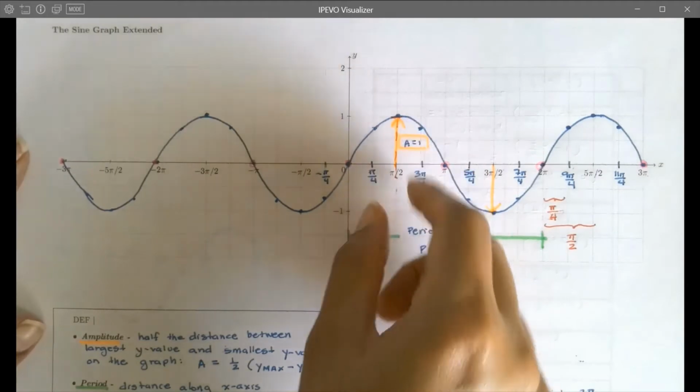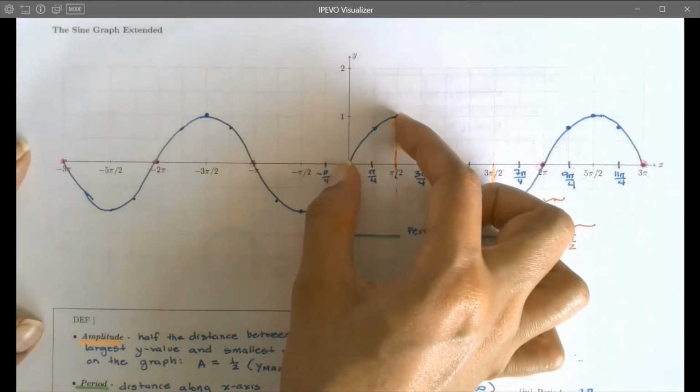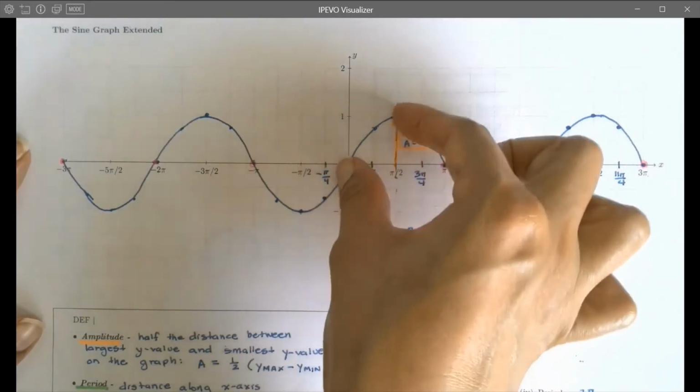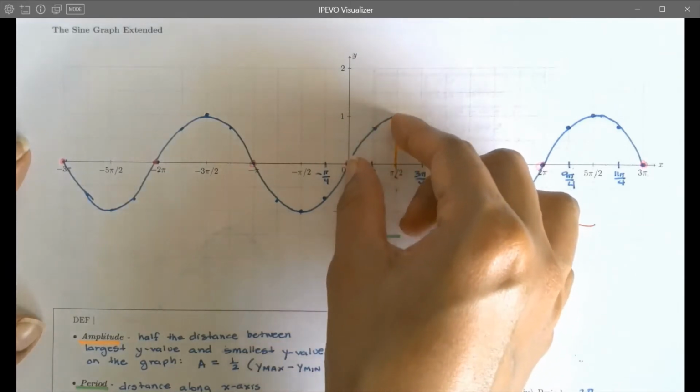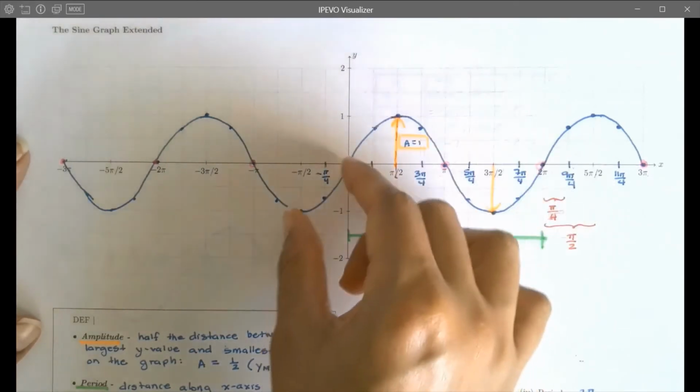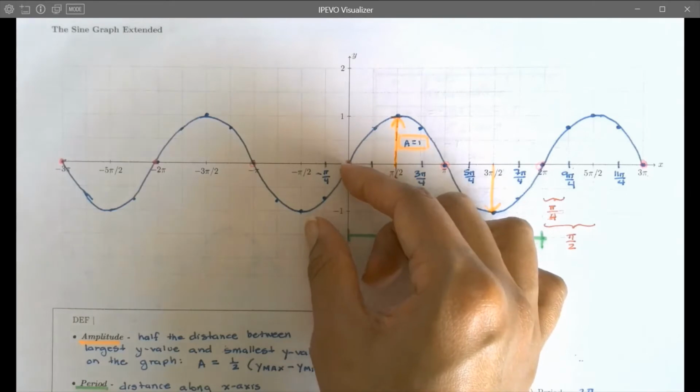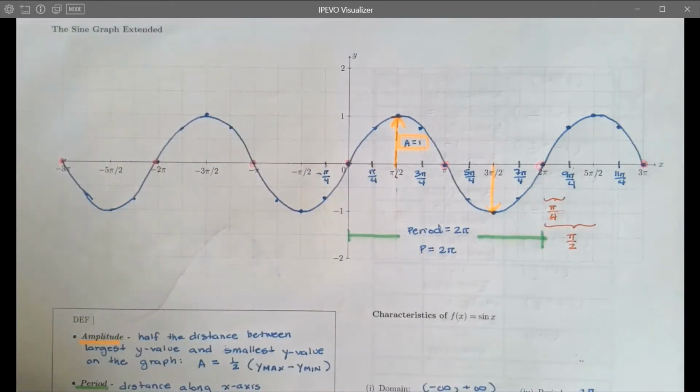So if I take, let's say, just this part of the graph, which is going up in the positive direction, and I rotate it about the origin, am I going to get the same curve? Well, the answer here is yes.